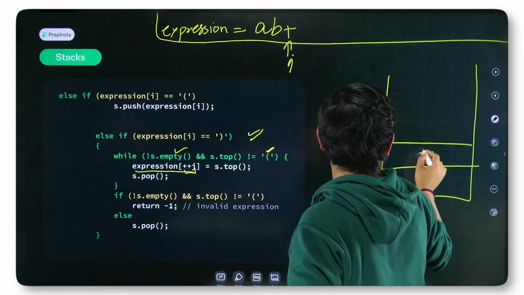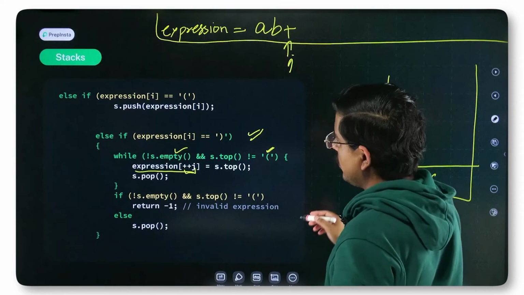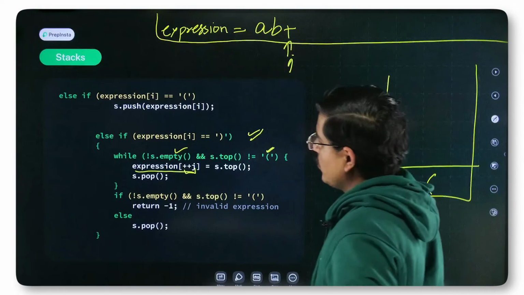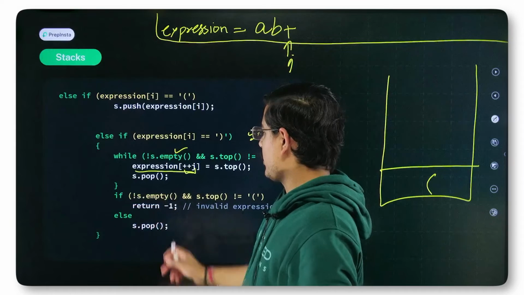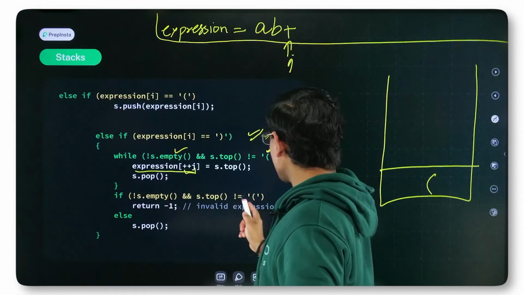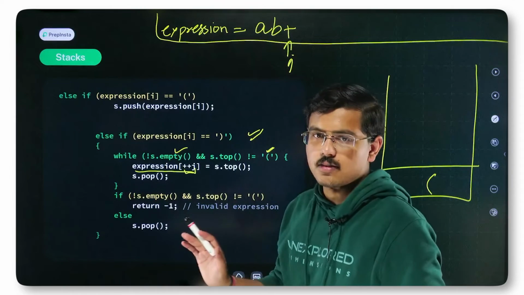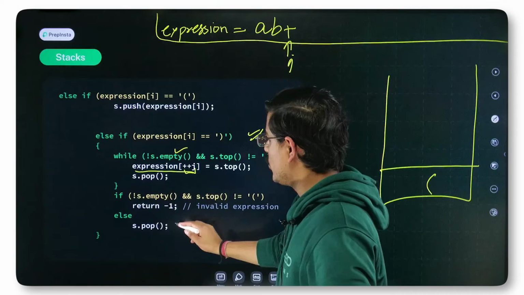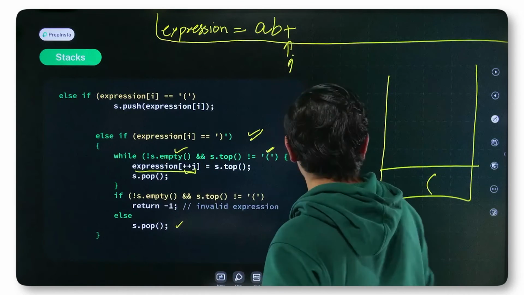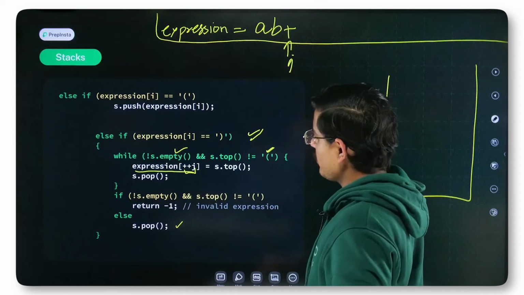So when I pop, this gets removed, and when this gets removed, what you do is, you go further. If s is not empty, yes, it's not empty, and stack of top is not equal to this. Now this is not the case. So you pop, as simple as that. This is the same block going on, you pop and the pop happens and you clear it off, fine.